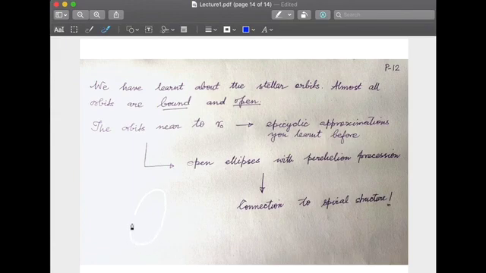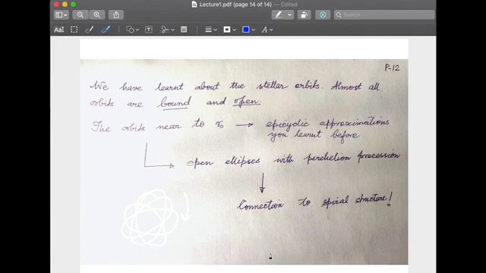So they are still open, which means that the ellipse may start from here. When it comes back, it slightly misses the original spot. So the ellipse kind of rotates. So that is the almost elliptical but open orbits.